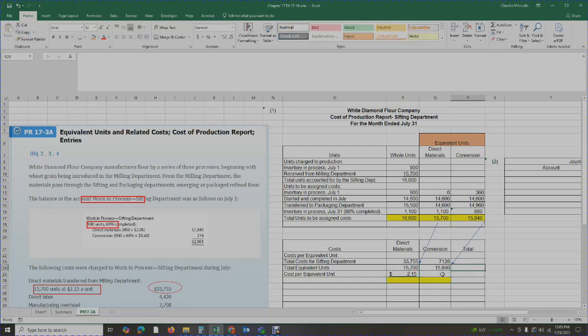Okay. We're going to do the same thing for conversion. We're going to get the total cost divided by the equivalent units, and that gives me 45 cents. Okay. So for every unit, I'm going to charge $2.15 of materials, and for conversion, I'm going to charge 45 cents for each of the units manufactured in the sifting department.